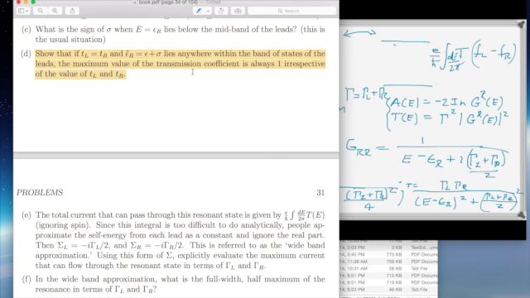What the coupling determines is how wide your resonance is. You can already see that because that's gamma L. So it determines the width of the resonance.